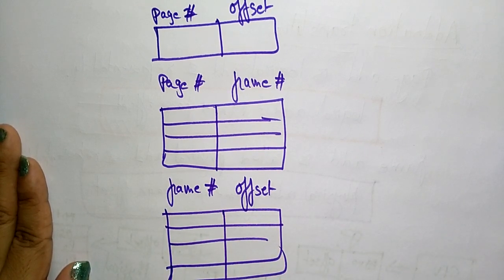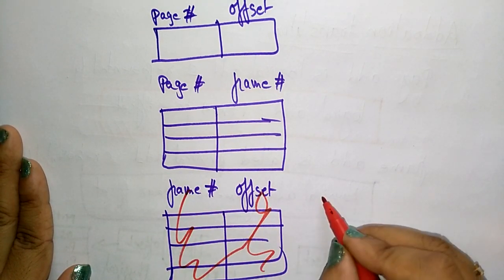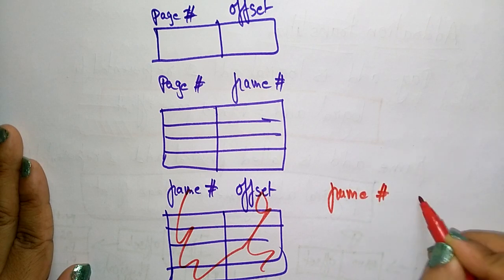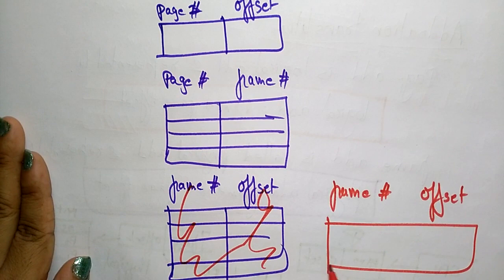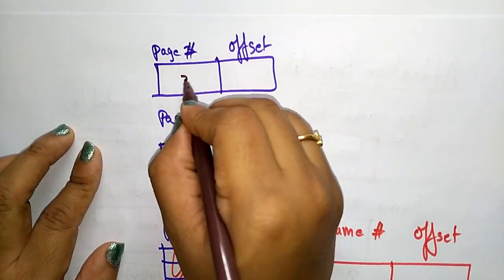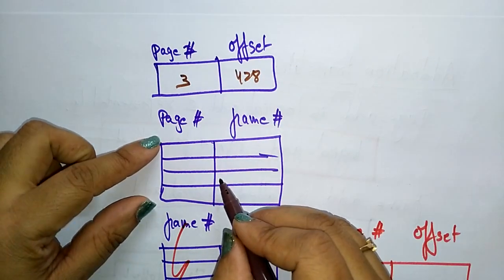Suppose I want to write here the frame and the offset. Suppose the page number is 3 and the offset address is 428. Now coming to the page table.